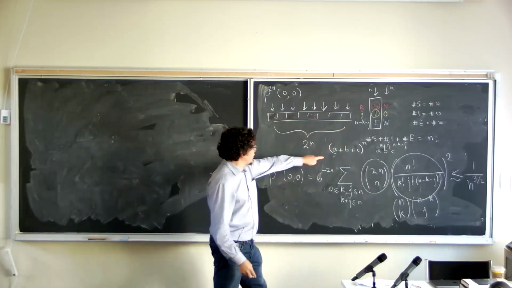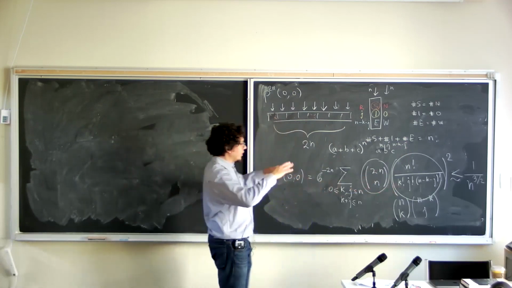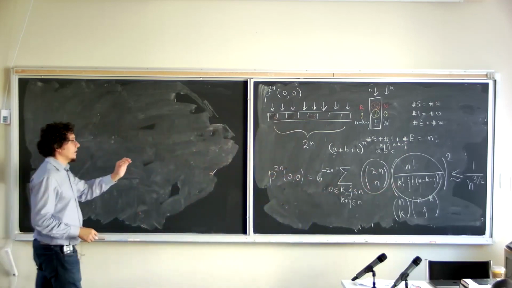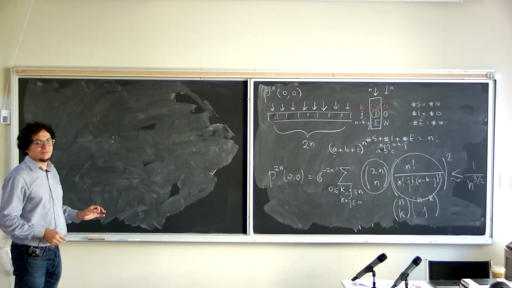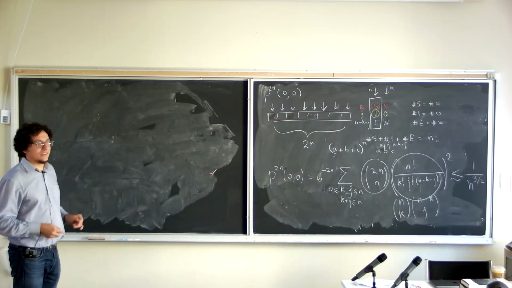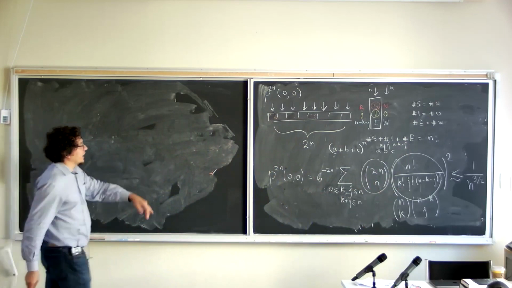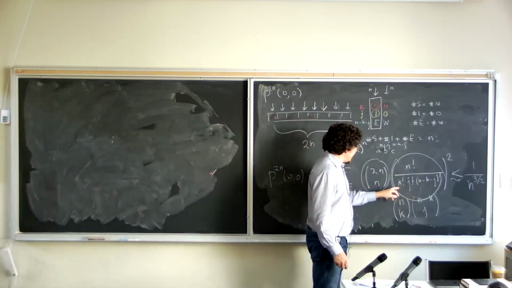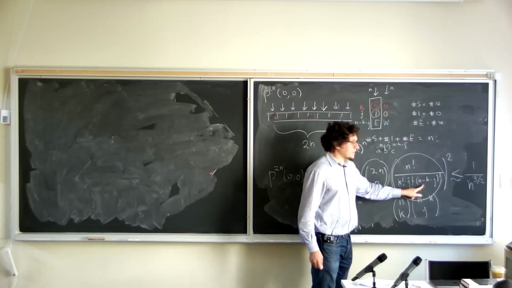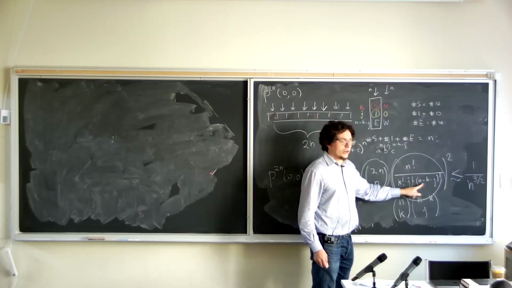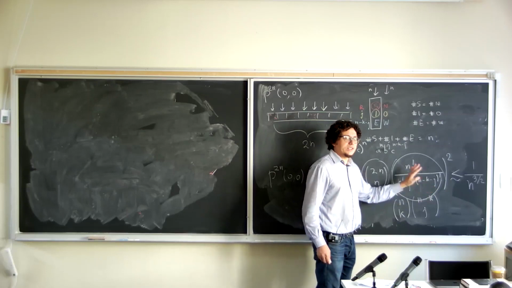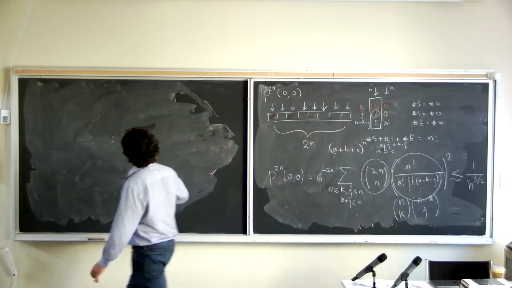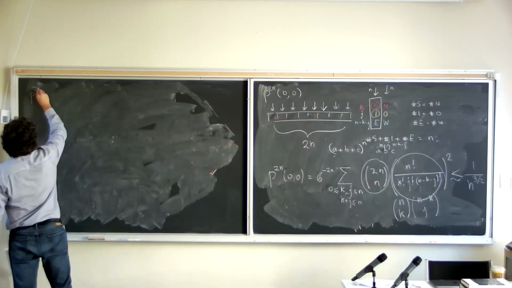And trinomial coefficients are like binomial coefficients. If you look at all of them with fixed n, which is the biggest one? The middle one is the biggest. So we can say that whatever this number here is, if we take k, j, and n minus k minus j to be the same, so they're all equal to n over 3, this is the biggest one. So we get the following.